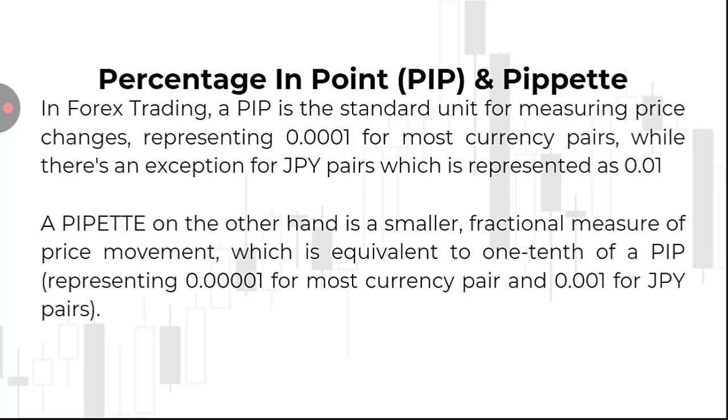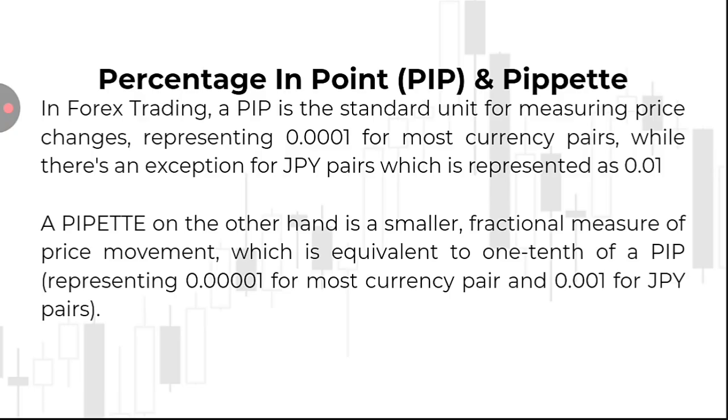The first one we have on our list is pip and pipette. Pip, which is a percentage in points. In forex trading, a pip is the standard unit for measuring price changes, representing 0.0001 for most currency pairs, while there is an exception for JPY pairs, which is represented as 0.01.